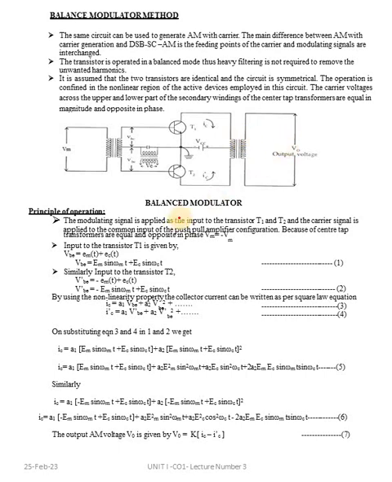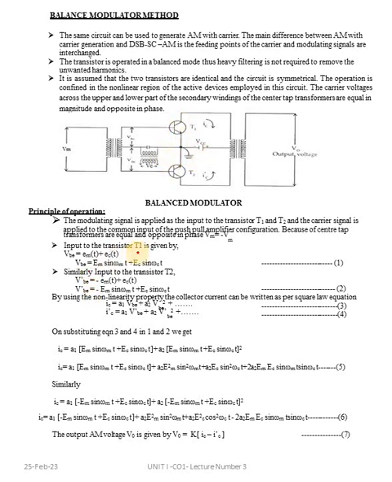In the principle of operation, the modulating signal is applied to the input of the transistors T1 and T2, and the carrier signal is applied to the common input of the push-pull amplifier configuration. Because the center tapped transformer halves are equal and opposite in phase, the upper half is VM and the lower half is equivalent to minus VM.